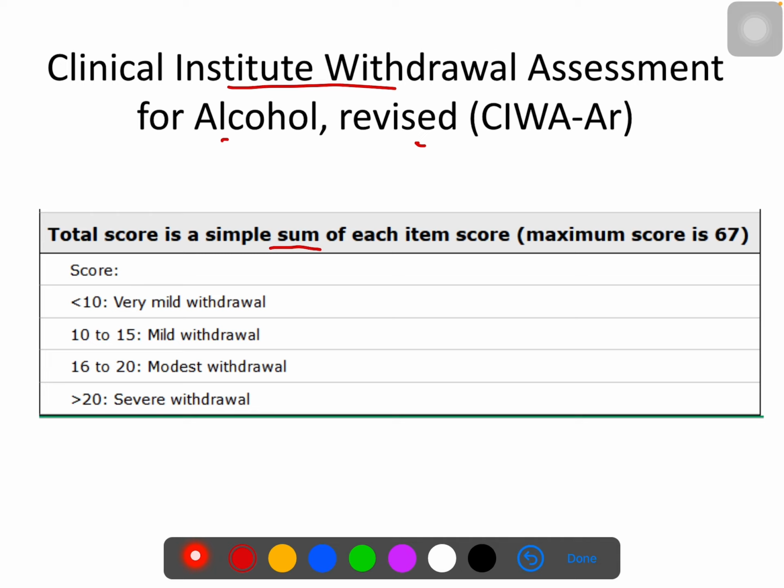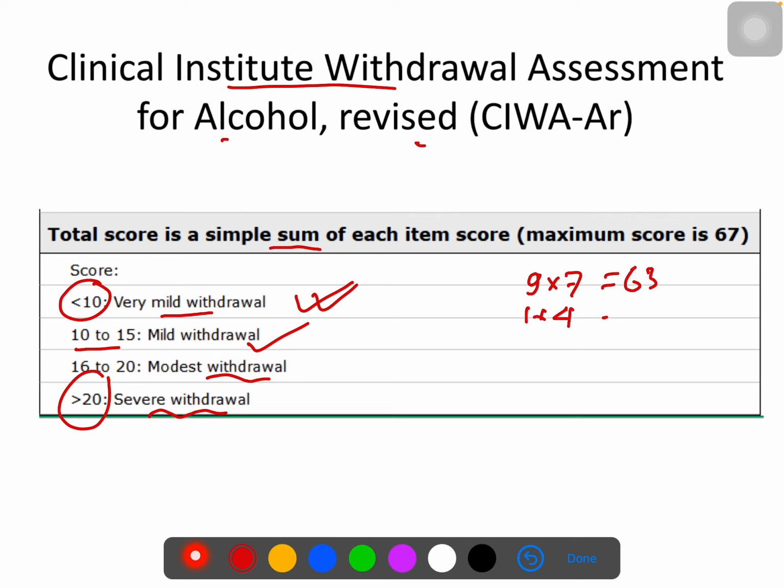If the total score is less than 10, it is very mild withdrawal; 10 to 15 mild withdrawal; 16 to 20 modest withdrawal; and greater than 20 severe withdrawal. There are 9 parameters scored up to 7 and 1 parameter scored up to 4, so the maximum score is 67.